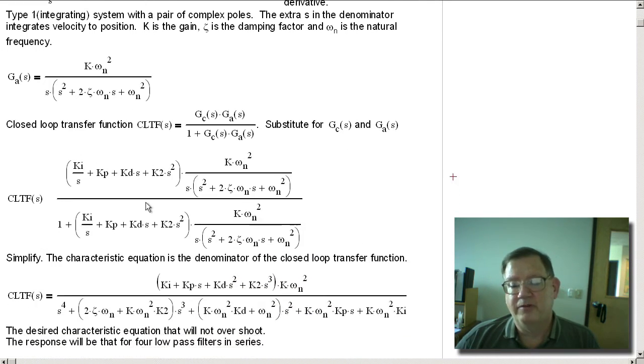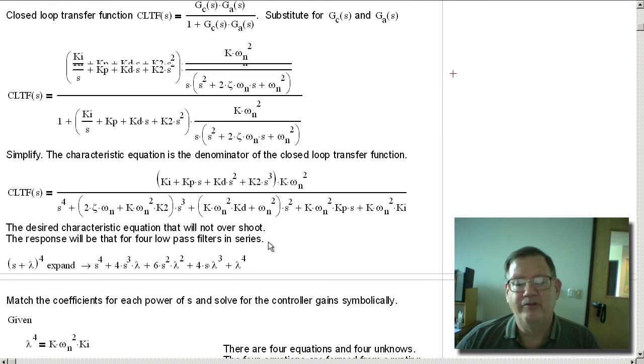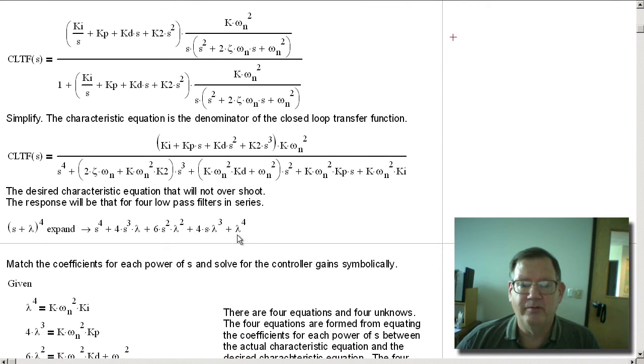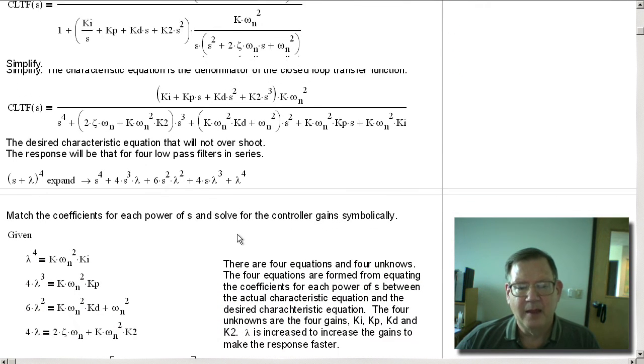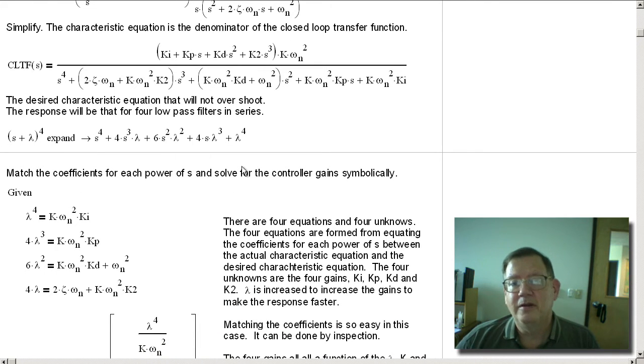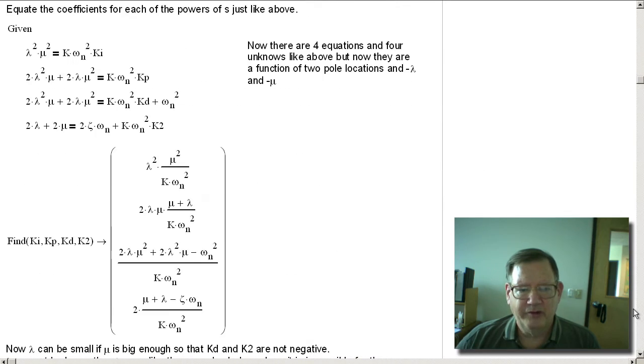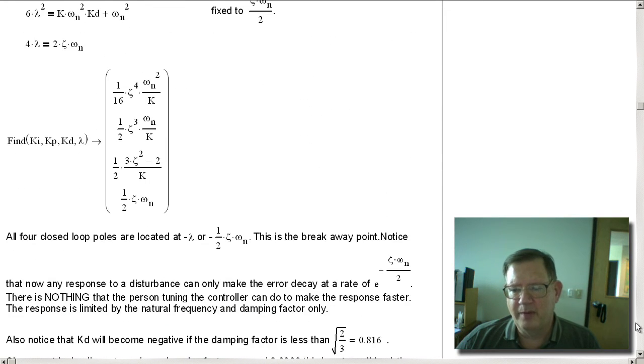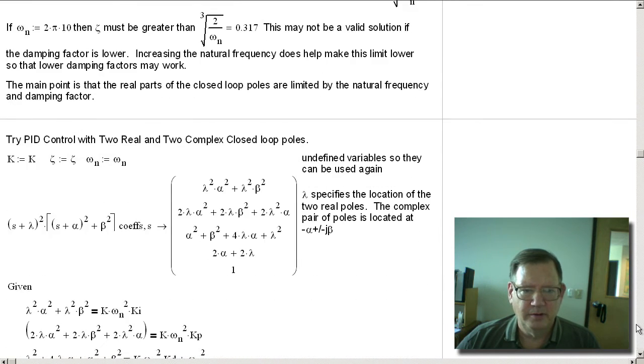And if you use the second derivative gain, then you can increase the lambda beyond zeta, the damping factor times natural frequency divided by 2, and that allows for a much faster response. So let me just give you a small example here. Go all the way down.